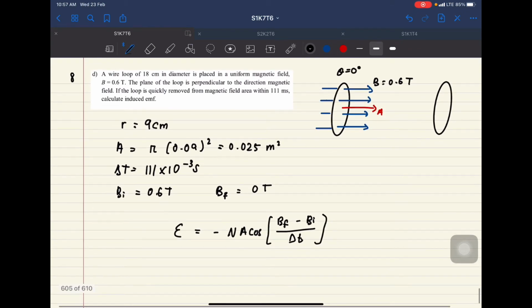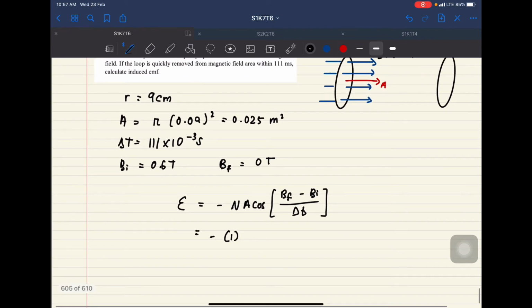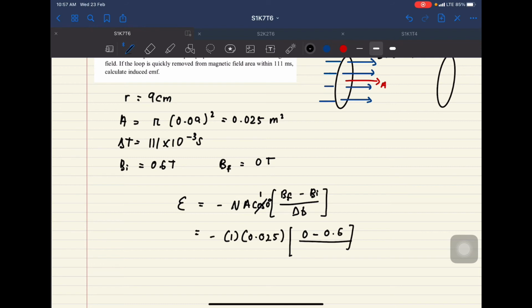Okay, this is a wire loop, so you can say that N is equals to 1. So you have negative 1, area is equals to 0.025 multiplied by cos 0 degrees just now, which is equals to 1. Magnetic field final minus initial, so 0 minus 0.6 divided by 111 times 10 to the negative 3.